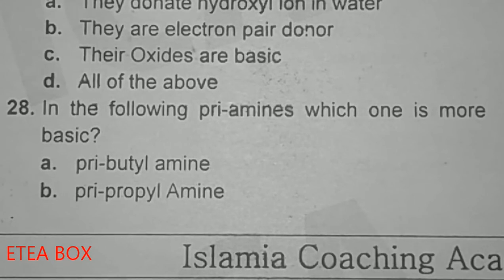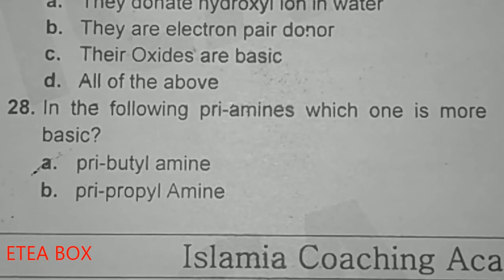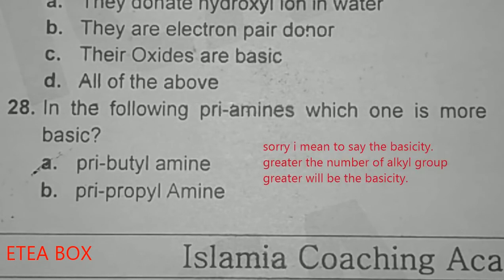In this case, primary butyl amine is more basic as compared to primary propyl, primary ethyl and primary methyl amine. Alkyl groups are electron donating groups, so they increase the negative charge on the nitrogen. The nitrogen then has a greater ability to accept a proton, so it has a greater basicity.